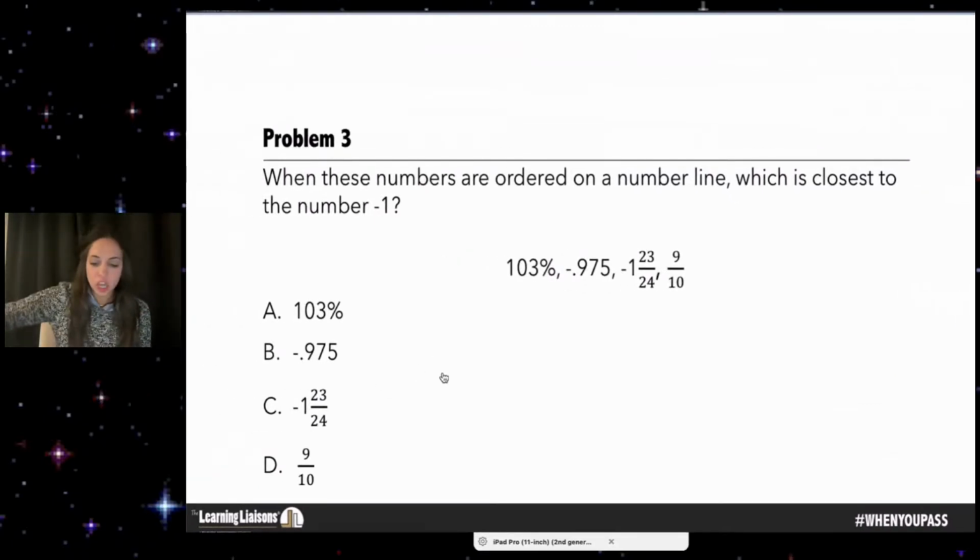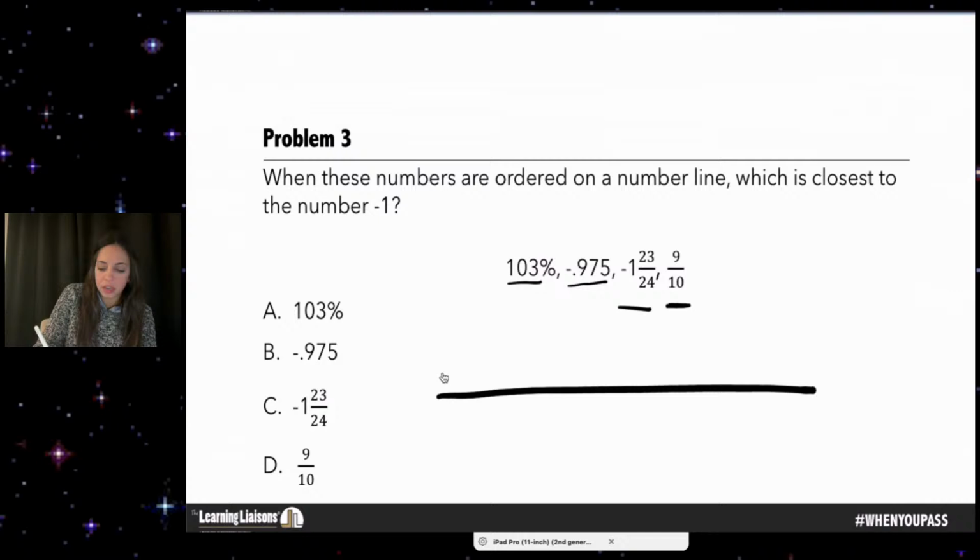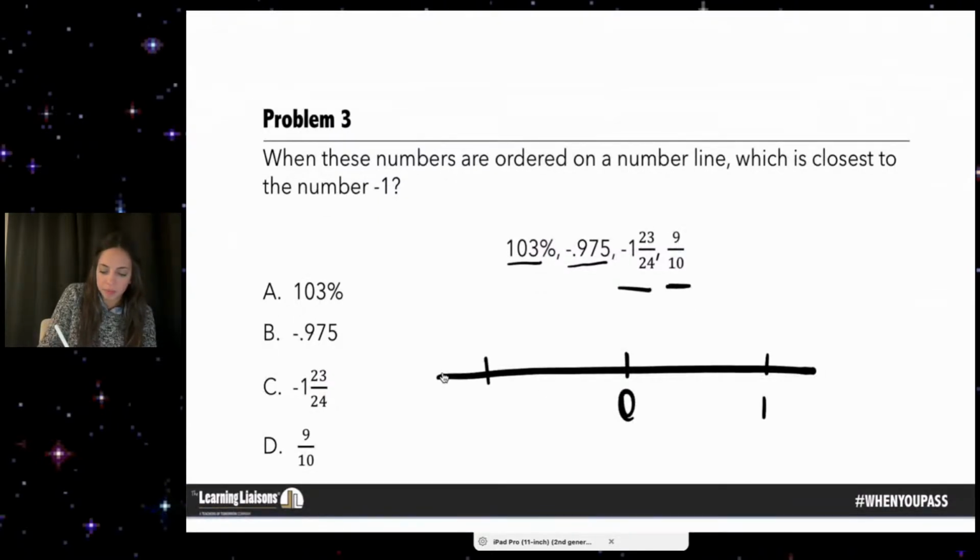All right, so when I look at these numbers, I see 103%. I see -0.975. I see -1 and 23/24, and I see 9/10. And we are looking for the number that is closest to -1.